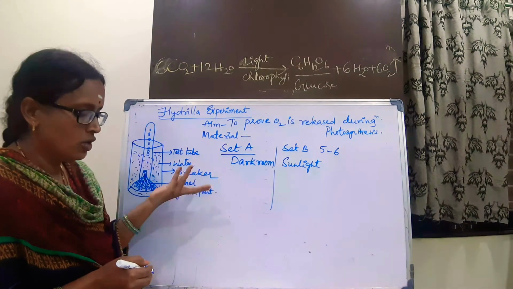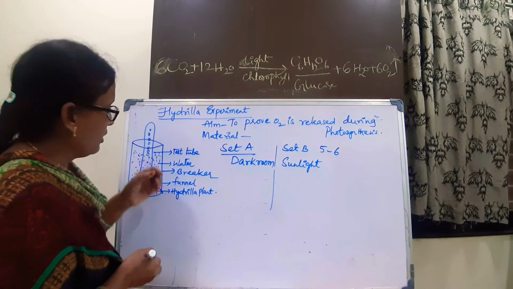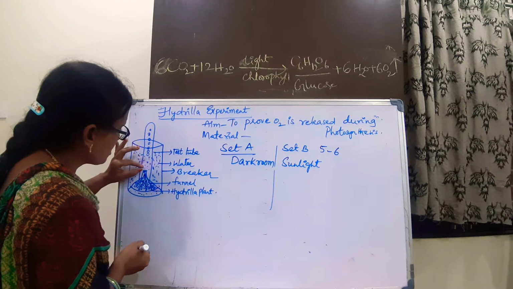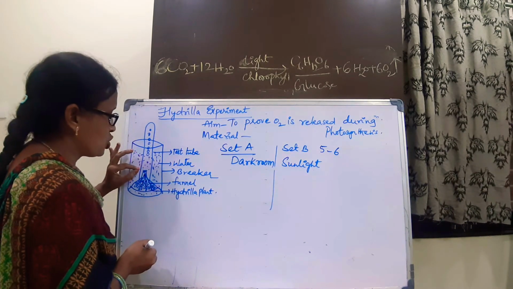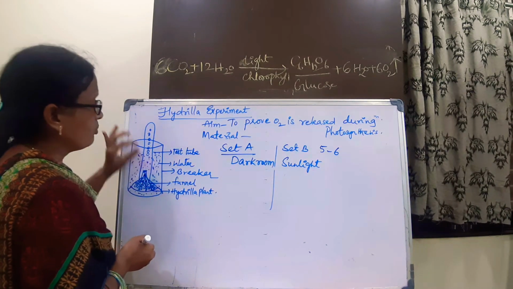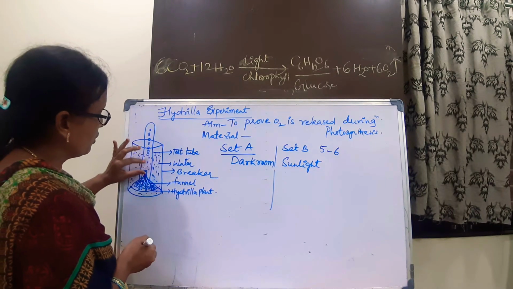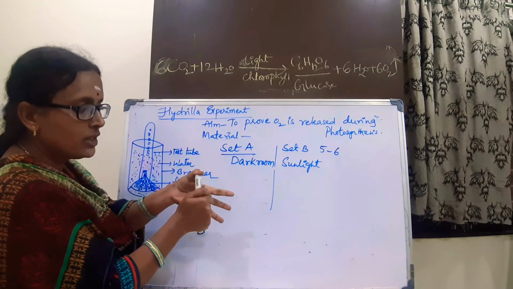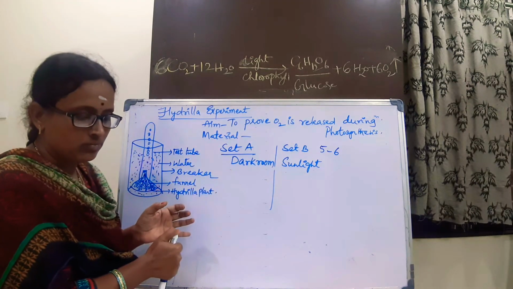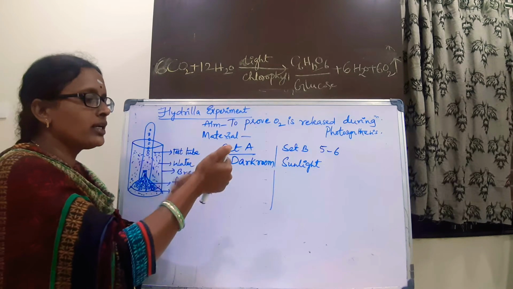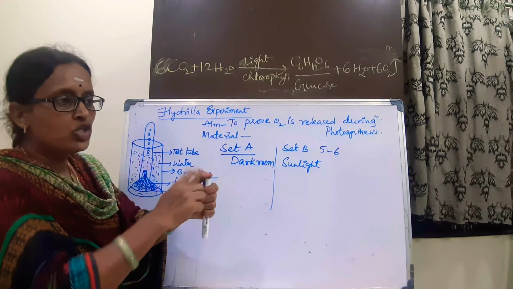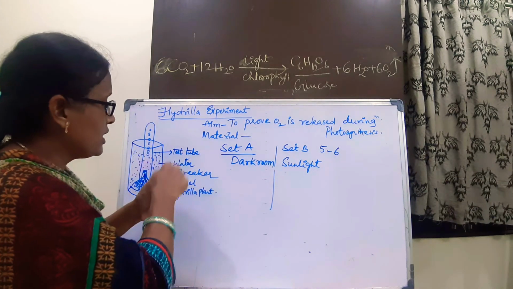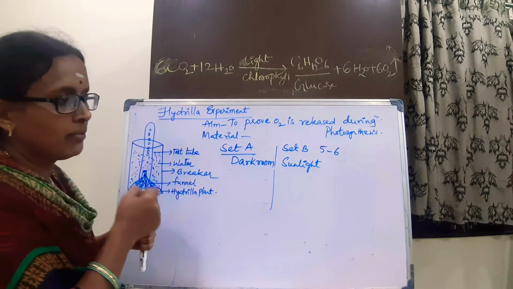When there is sufficient gas, when the level of water has decreased in the test tube, then gradually remove the test tube and close it with your thumb. Otherwise, whatever gas is present in the test tube comes outside. This gas is tested with a matchstick.